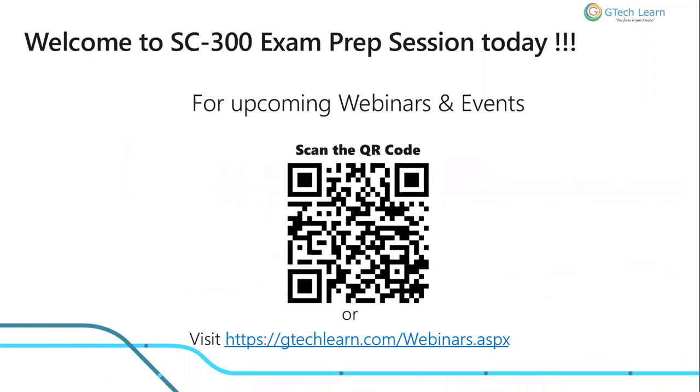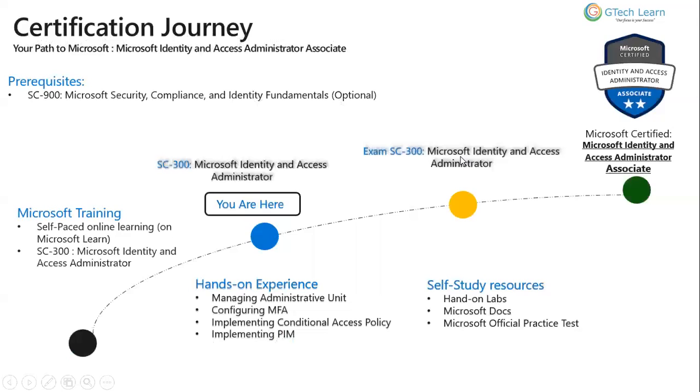So in this session, we are going to work with the exam preparation for the course SC-300. So let's get started with the certification journey first. We are going to take a look at the path which leads us to the Microsoft Identity and Access Administrator Associate.